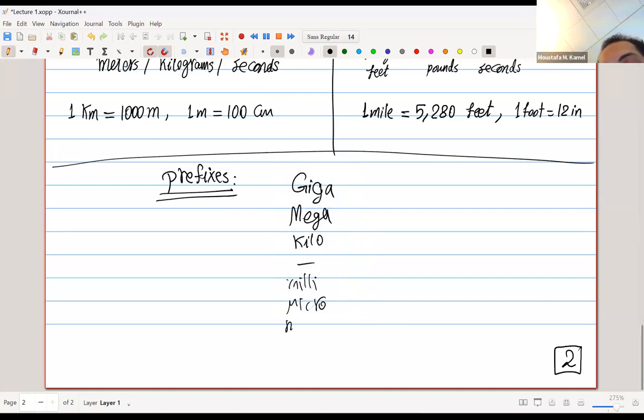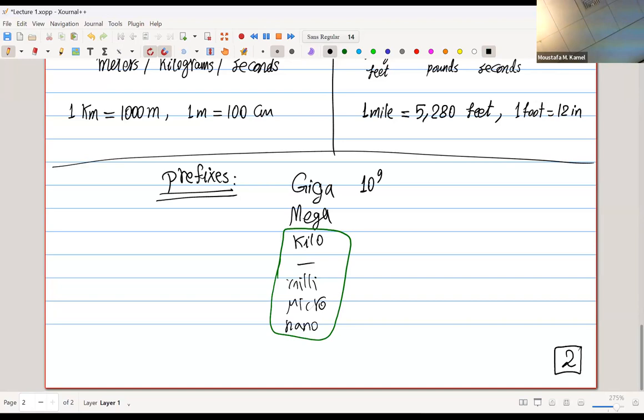And nano. And of course, you have centi and deci and deca, but those here are the ones that we probably will use. We will probably just use kilo, milli, and a small subset of them.